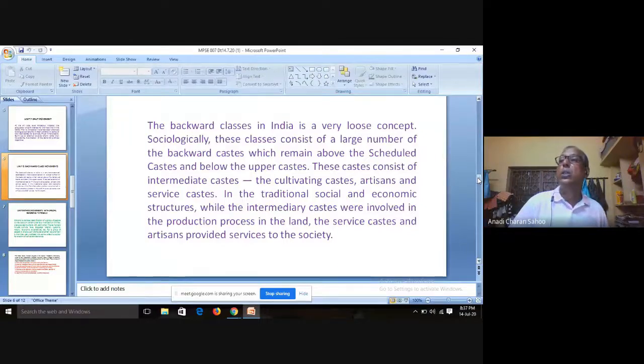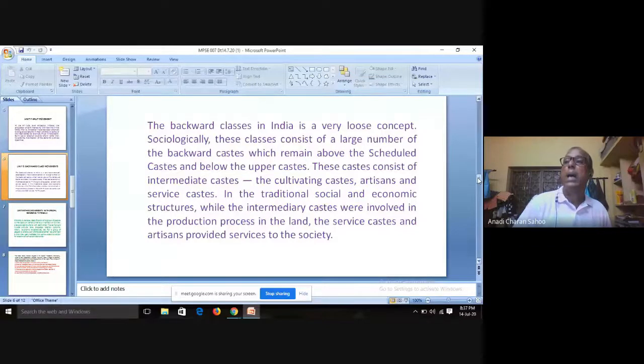Socio-economic conditions of the backward classes, impact of the state policies. The backward classes emerged as a powerful social, economic and political bloc during the post-independence period in the countryside as a result of the policies of the state.